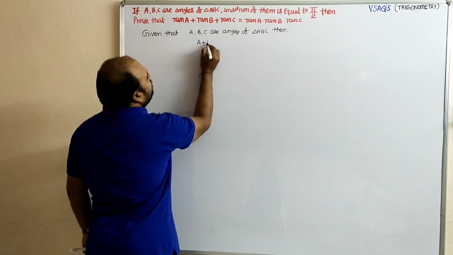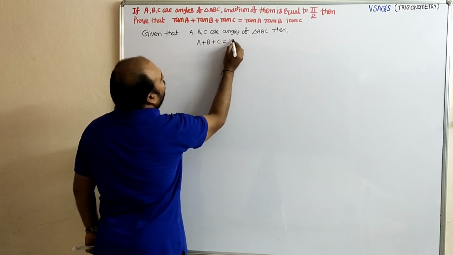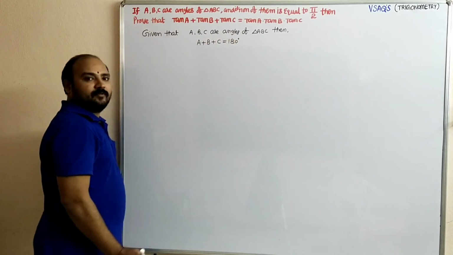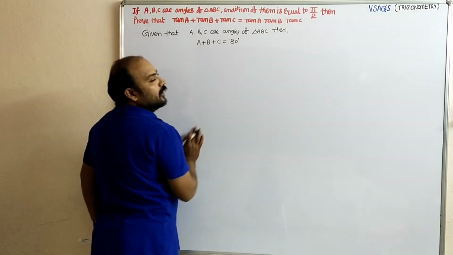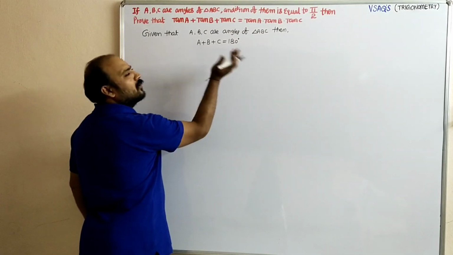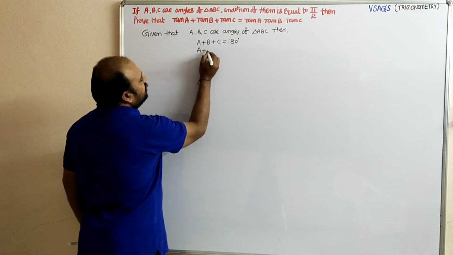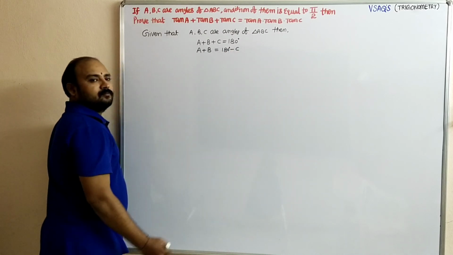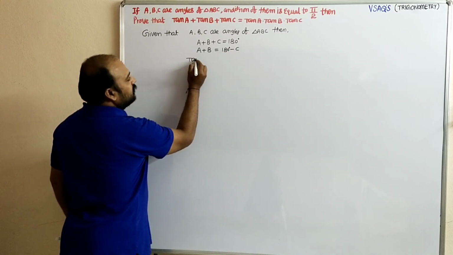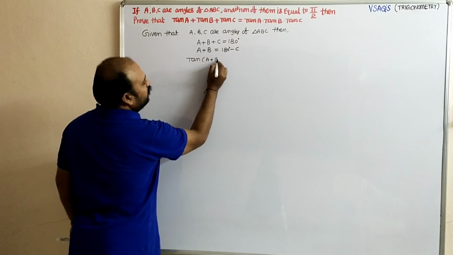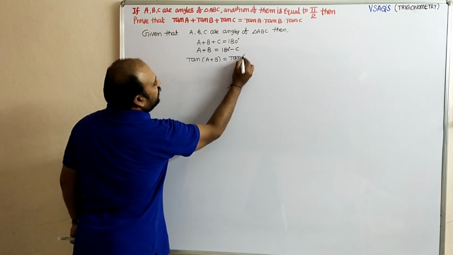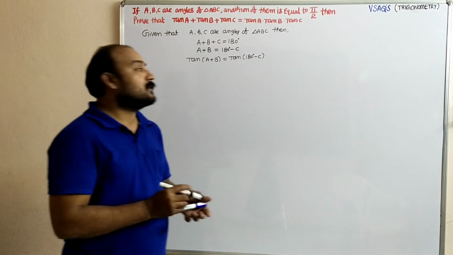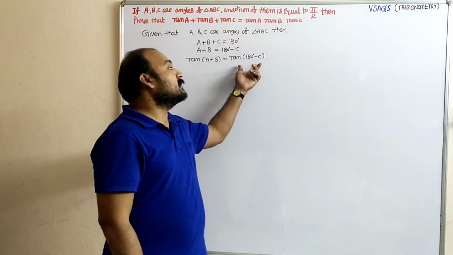A plus B plus C equal to 180 degrees. After that, what I am doing is taking the C value to this side, not only C, any value you can take, either A or B or C. Generally I am taking C. A plus B equal to 180 minus C. Taking tan on both sides, tan of A plus B equal to tan of 180 minus C. 180 minus C is in the second quadrant.